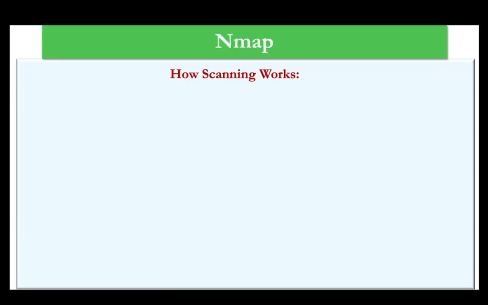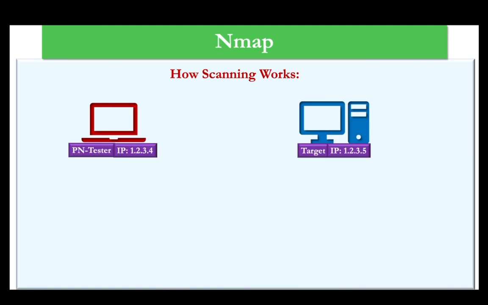Welcome back. In this session, we'll discuss how Nmap scanning works on Kali Linux. Suppose there is a pen tester and a target machine, identified by their IP addresses in the network.